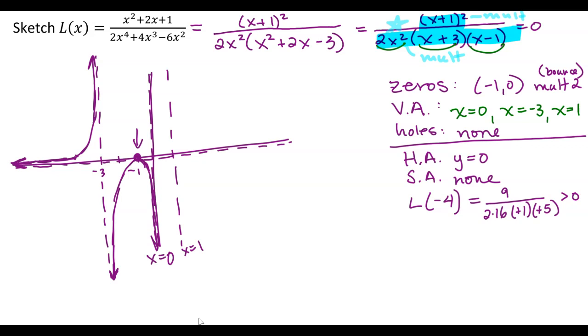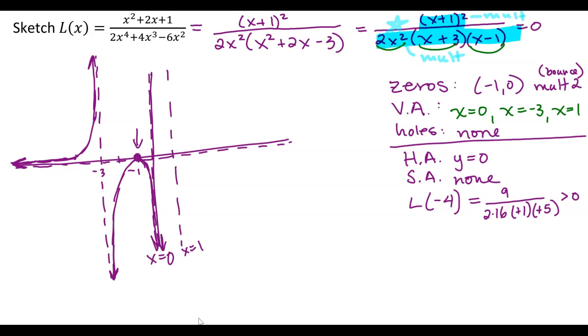Let's see. Multiplicity. Okay, so the vertical asymptote at x equals 0 came from this factor right here, and it did have a multiplicity of 2, and what that tells me is that the factor won't change sign. So if I was headed to negative infinity, I'm going to match that on the opposite side.